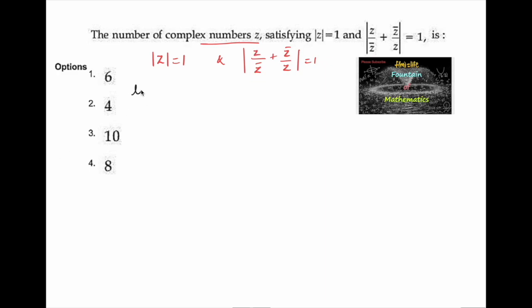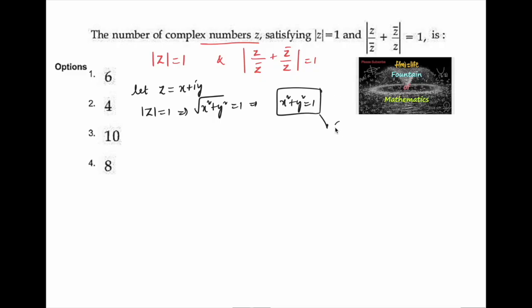So let us consider z is equal to x plus iy, so that mod z is equal to 1, we can write it as x square plus y square under root is equal to 1. So x square plus y square is equal to 1, which is a circle, center 0 comma 0, and radius is 1 unit.